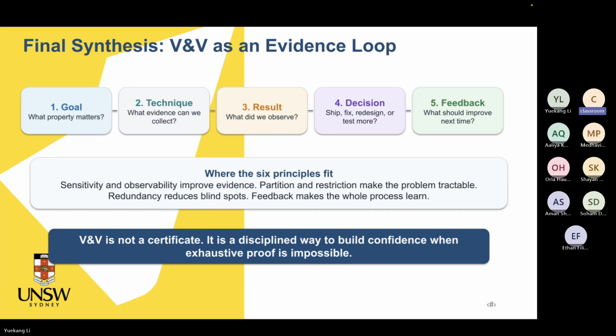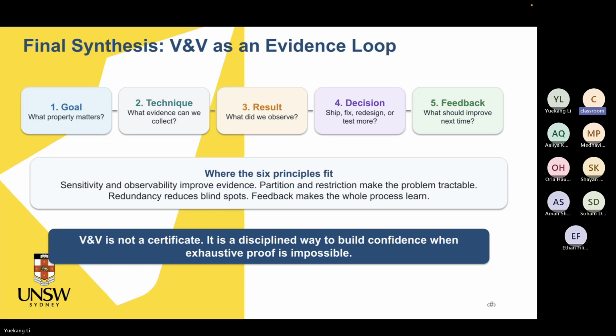And redundancy helps us to cover more, to reduce the number of blind spots, right? Because redundancy doesn't mean we are duplicating the effort. We are not duplicating any of the tests. Redundancy means that we are trying to approach the problem from different angles, using orthogonal techniques or mechanisms.